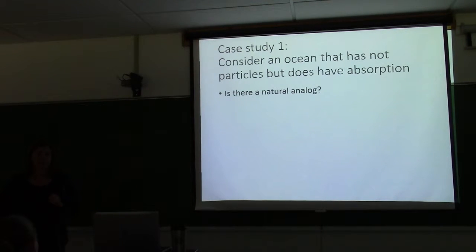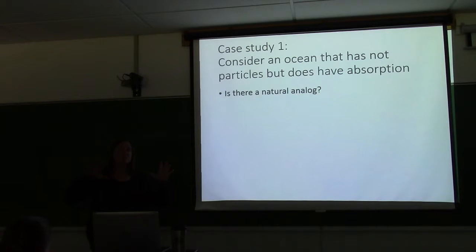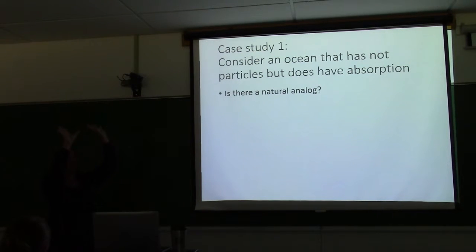Transparent but colored. So why transparent? Because there's no particles, right? So if you're diving and you're on your back and you're going down, what are you going to see as you go deeper and deeper? The same scene. What will the brightness of light look like?